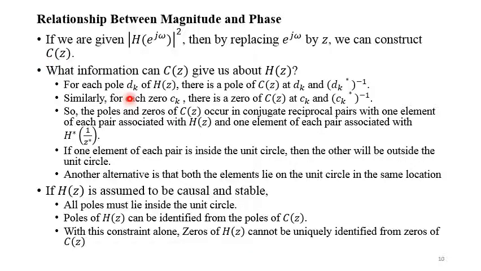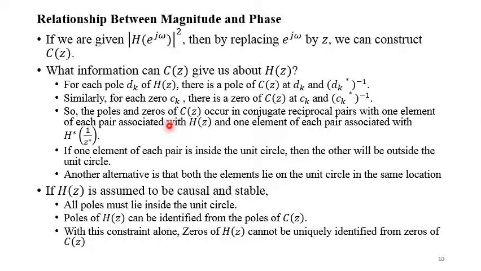For each pole d_k of H(z), there is a pole of C(z) at d_k and at d_k*^{-1}. Similarly, for each zero c_k of H(z), there is a zero of C(z) at c_k and at c_k*^{-1}, right?